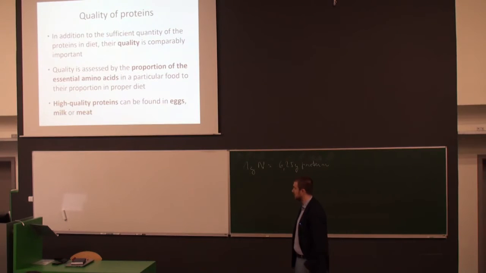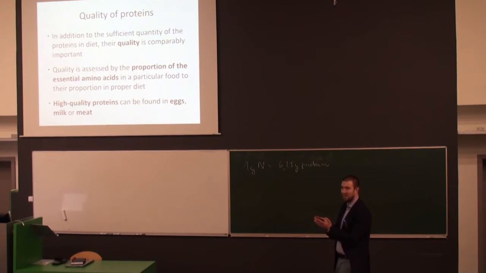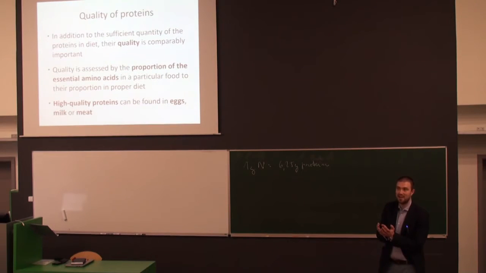Why do you think that these proteins have such high quality? Egg and milk, for example. Designed for building up a child of some sort. That's the explanation. For if you start with the egg, there must be a small bird formed from it. That means that there must be the amino acids to build the whole animal.